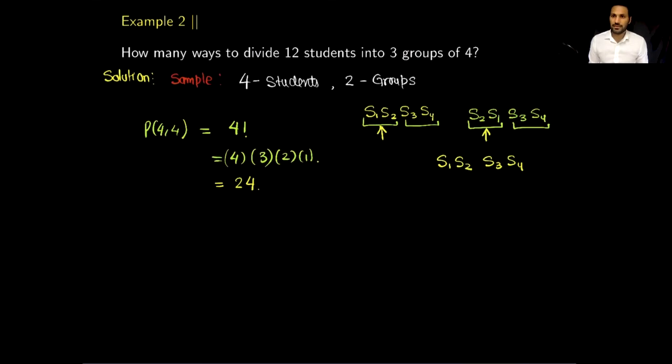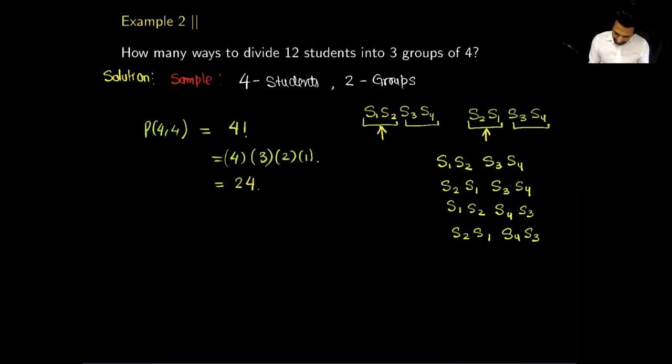So first take this permutation S1, S2, S3, S4. Now if I permute the first one, S2 with S1, and then S3, S4, that will be the same grouping. Or I can take S1, S2 and permute the second one as S4, S3. That is another way. Or I can take S2, S1 and also permute S4 with S3. That is the same.